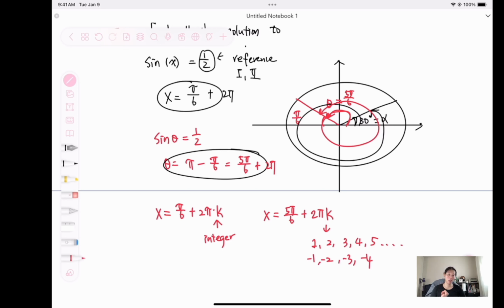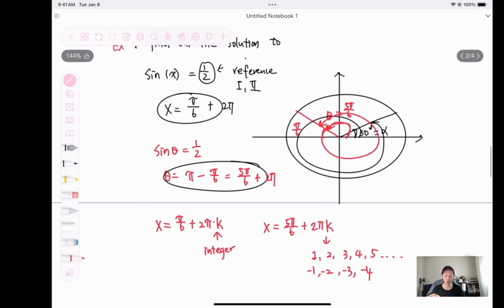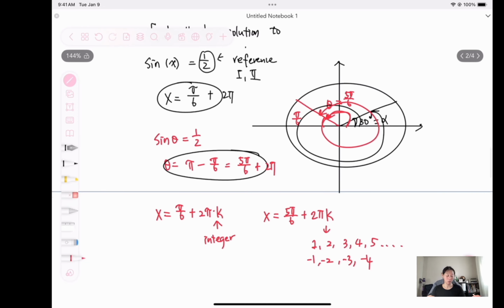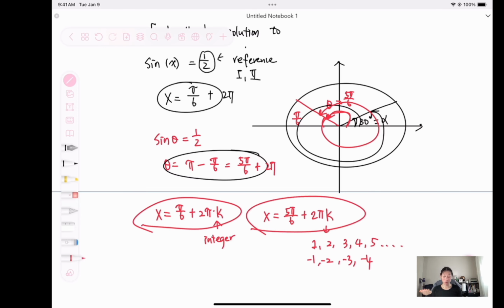Think about it: if k equals 1, you add 2 pi. If k equals 2, you're adding 4 pi. If k equals 3, you're adding 6 pi. So this is going to repeat every 2 pi, which matches the sine period. So our solution is x equals pi over 6 plus 2k pi, and x equals 5 pi over 6 plus 2k pi.